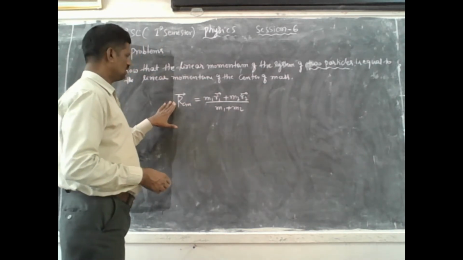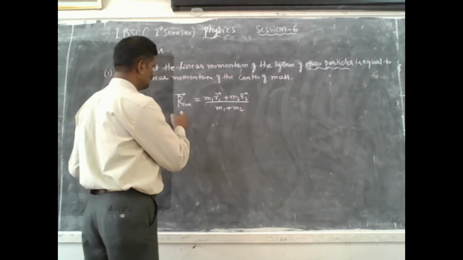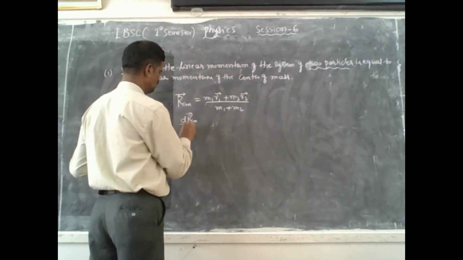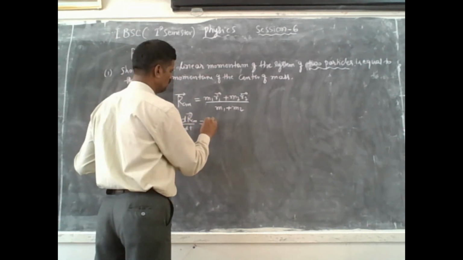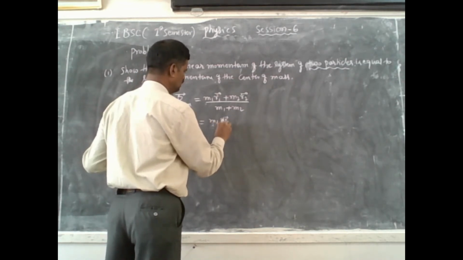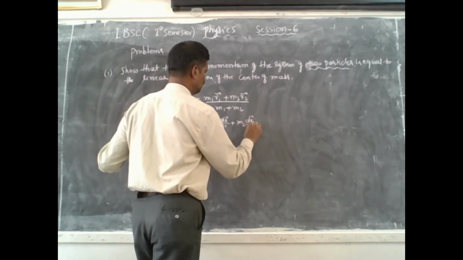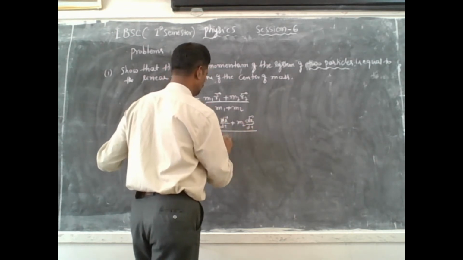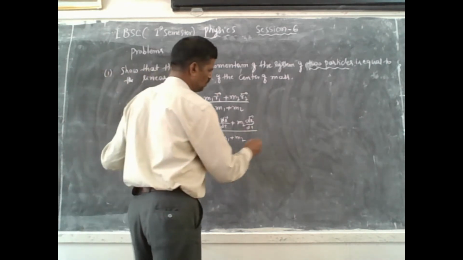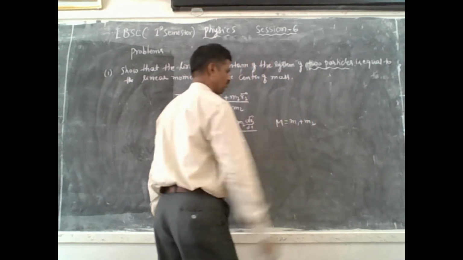So dR_CM by dt equals (m1 dr1/dt plus m2 dr2/dt) divided by (m1 plus m2). So here M equals m1 plus m2.